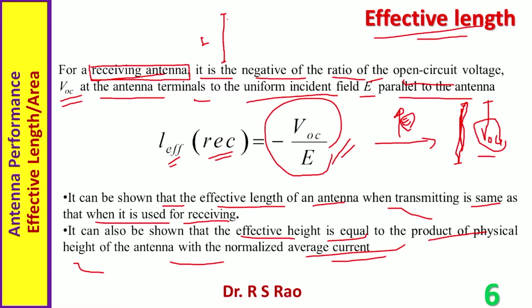The length is L. It has a certain current distribution, so it is radiating, giving a certain field intensity E. Now, the effective length of this actual antenna, whose physical length is L, is the length of another antenna, having a uniform current distribution equal to I max, the maximum current, and radiating the same field intensity as the actual antenna.